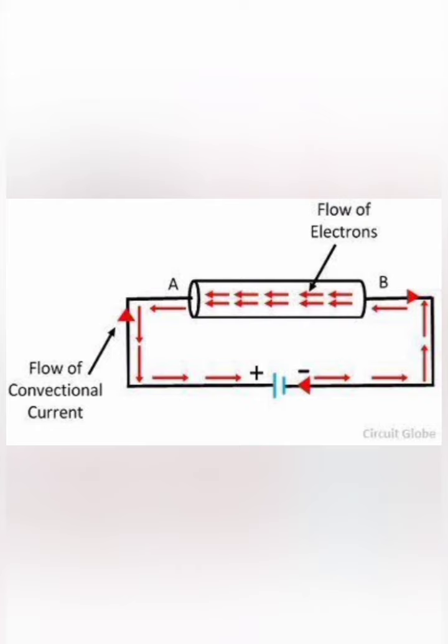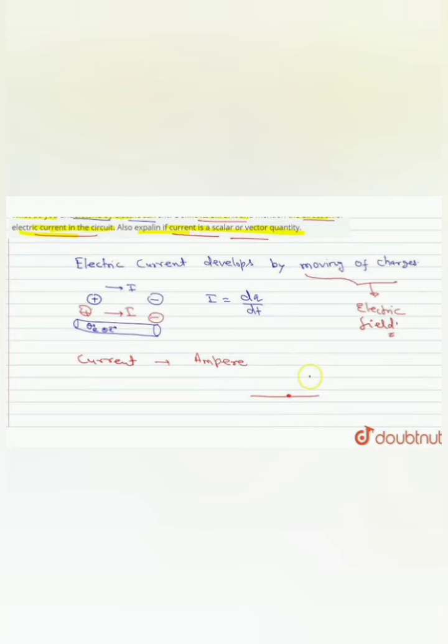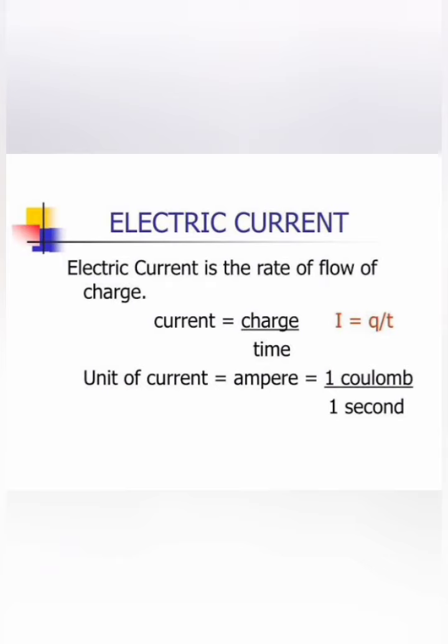What is the formula of electric current? The unit of electric current is ampere. The electric current is denoted by I. The strength of the electric current I is the rate of flow of electrons, that is, charge flowing per second.